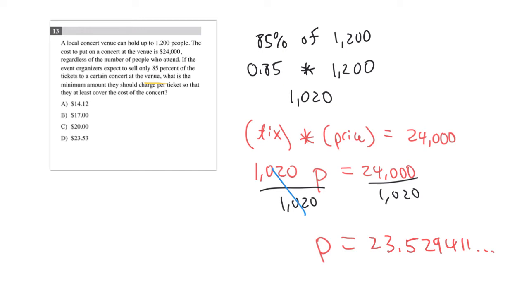So it makes sense to set this approximately equal to 23.53. And just to be super precise with what I write down, I should probably write this as well. Okay, so the price should be $23.53, which corresponds with answer choice D.